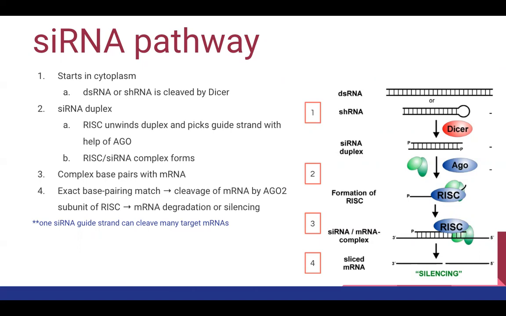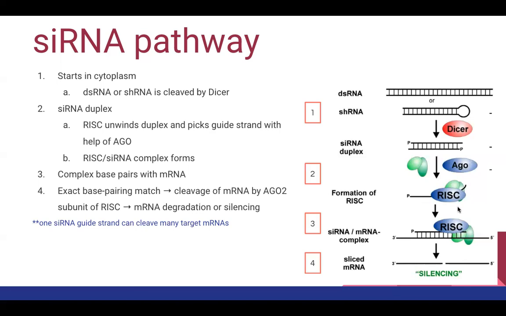And then RISC will unwind this duplex right here, and it'll pick a guide strand with the help of Argonaute. And then this RISC-siRNA complex will form. And then this will be used to base pair with target mRNAs.